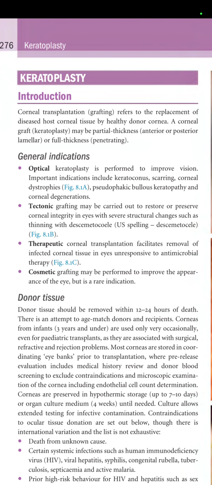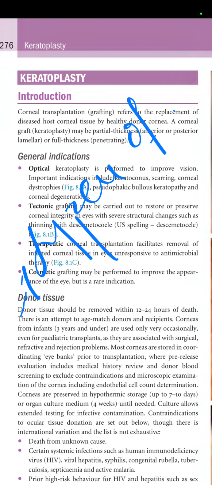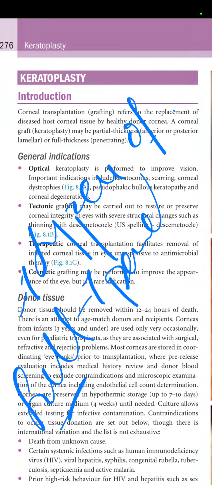Keratoplasty. Introduction. Corneal transplantation, or grafting, refers to the replacement of the diseased host corneal tissue by the healthy donor cornea. A corneal graft, keratoplasty, may be partial thickness, anterior or posterior lamellar, or full thickness, penetrating. So let's discuss the types of keratoplasty. There are different types. When you replace the full cornea with a donor cornea, that is called penetrating keratoplasty or PKP.